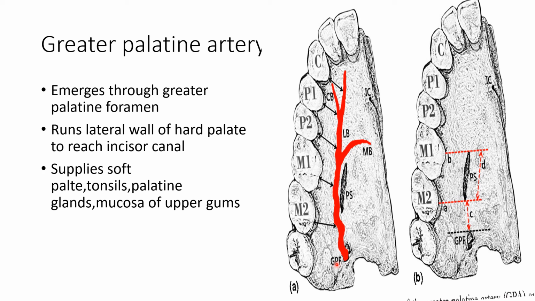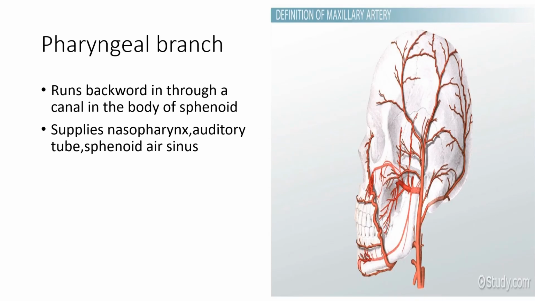Let me tell you one other thing: here where I am pointing, another foramen is present, the lesser palatine foramen. The artery coming from the lesser palatine foramen is also a branch of the greater palatine artery.